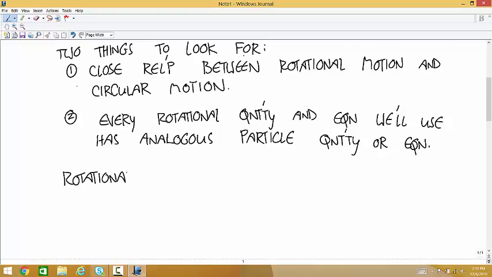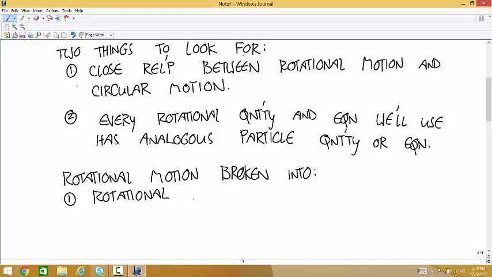So rotational motion will be broken into rotational kinematics, which is just a description of the rotational motion, stuff that you could calculate purely from looking at a video.